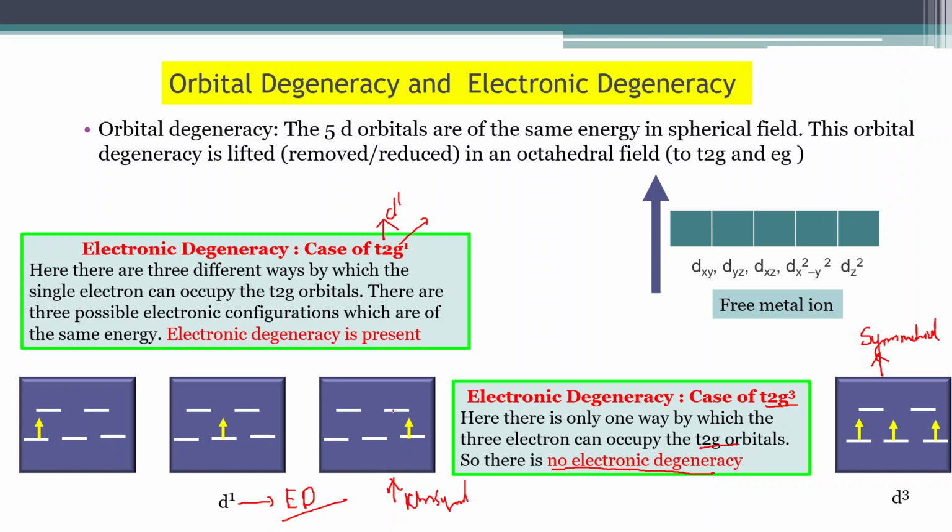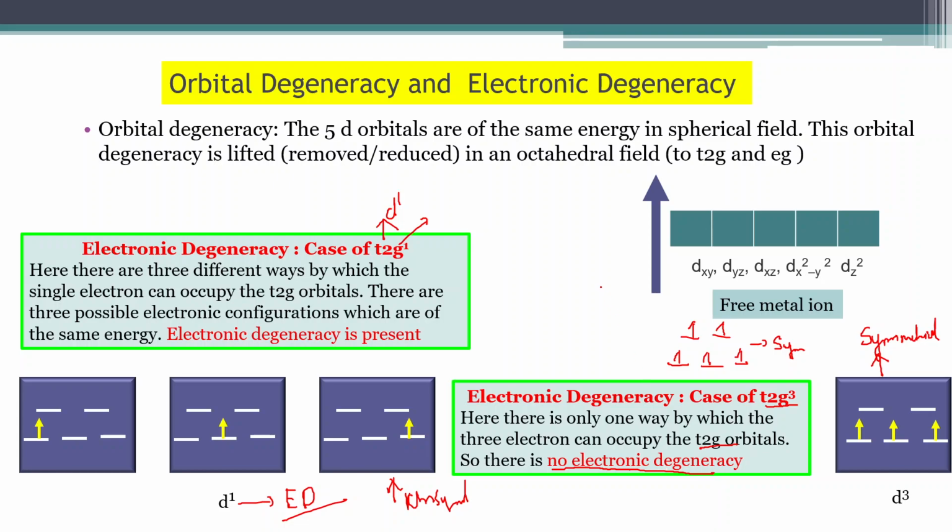So unsymmetrical arrangement means electronic degeneracy, and symmetrical arrangement means no electronic degeneracy. Like this, if we take the d5 configuration, we can see this has a symmetrical arrangement, there is only one way of arranging the five electrons, and this system does not possess an electronic degeneracy.